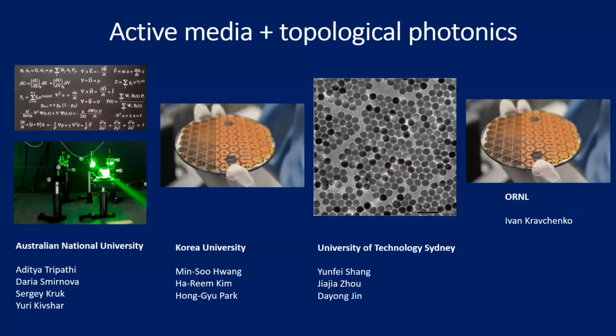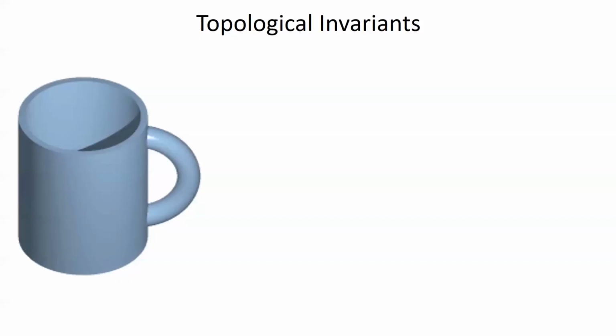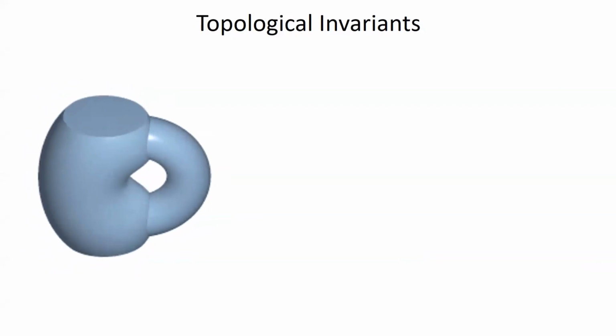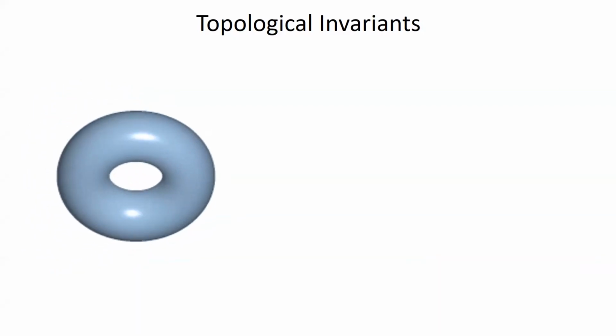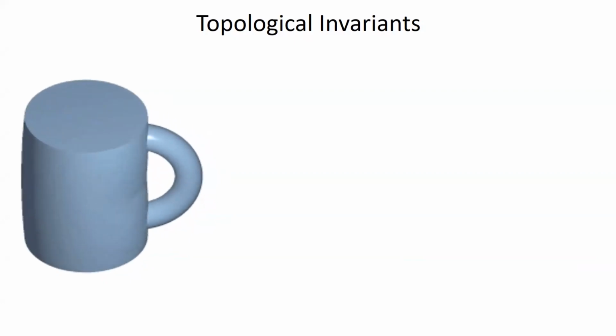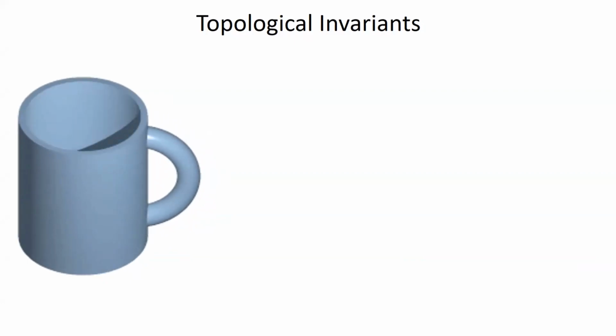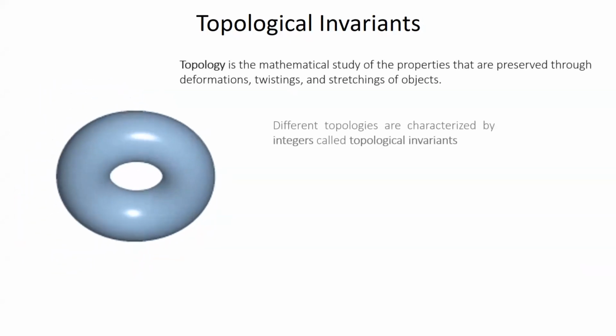Now, the first part of my research is active media along with topological photonics. These are the people who have contributed. Before going to topological photonics, I must throw some light on topology. What is topology? It's basically a branch of math which deals with properties which are preserved under deformation.